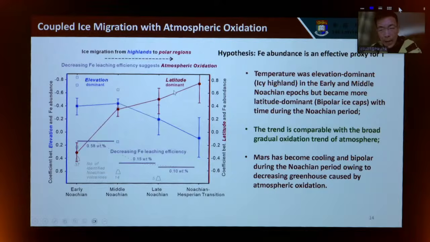And the trend is gradual, and the trend is comparable with the gradual atmospheric oxidation trend. So basically, we guess Mars became bipolar at a very early stage during the Noachian period, owing to the decreasing greenhouse effect caused by the atmospheric oxidation.